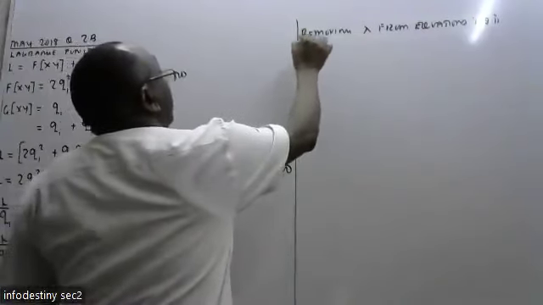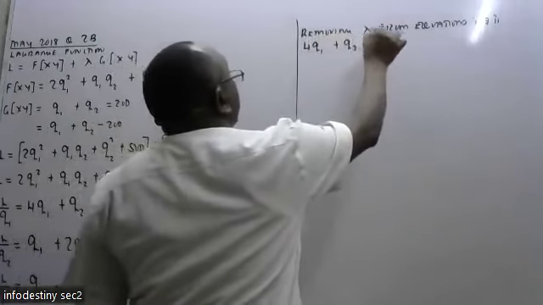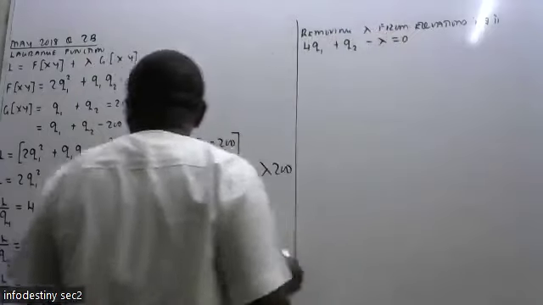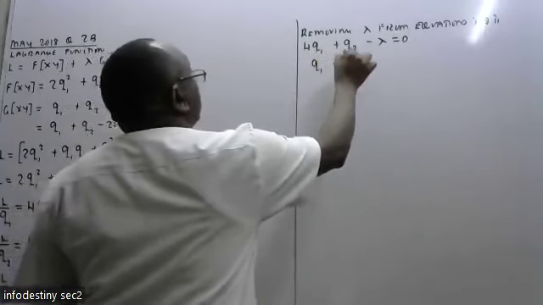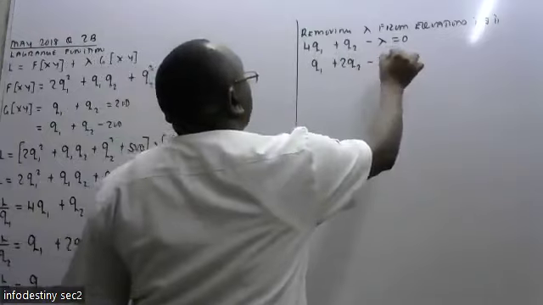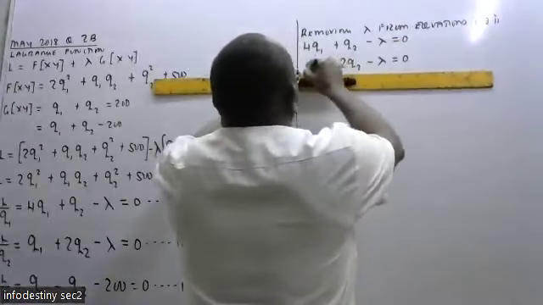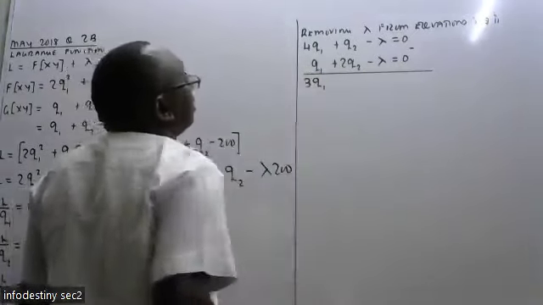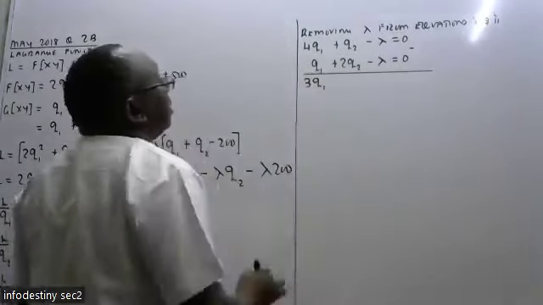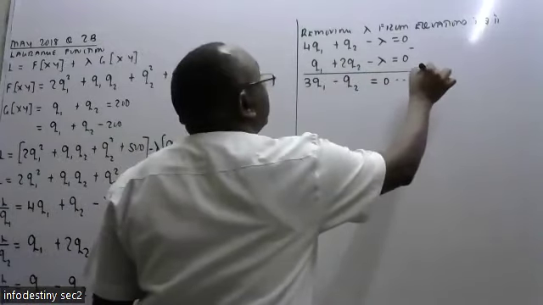You should have said 4Q1 plus Q2 minus lambda equals 0, and Q1 plus 2Q2 minus lambda equals 0. So if you want to remove lambda, you simply subtract. If you subtract, you're left with 3Q1 minus Q2 equals 0, and you call it equation number 4.